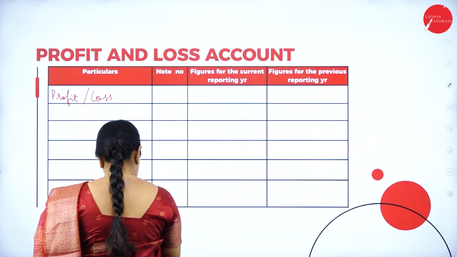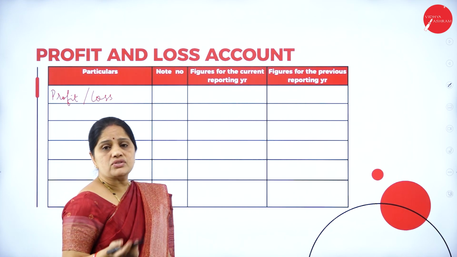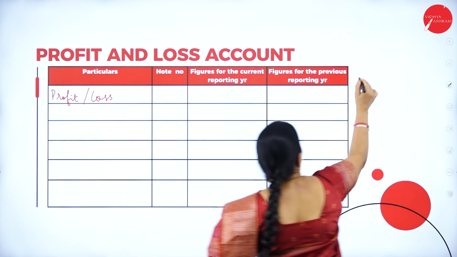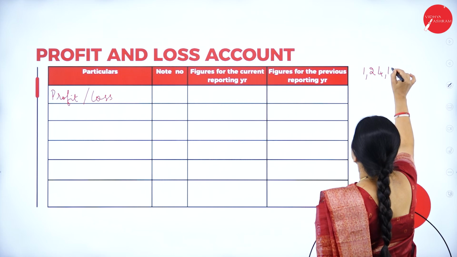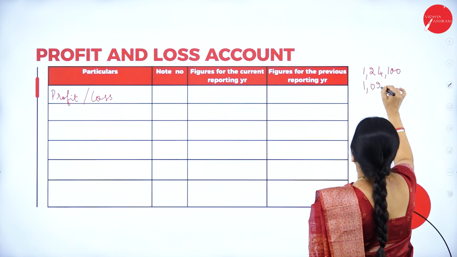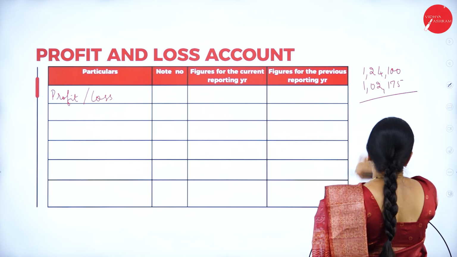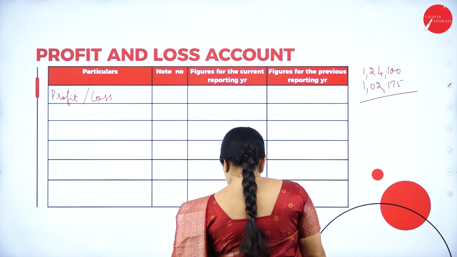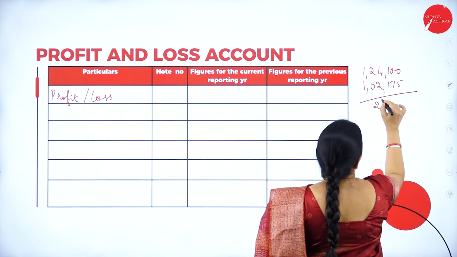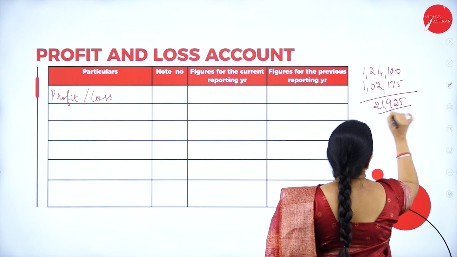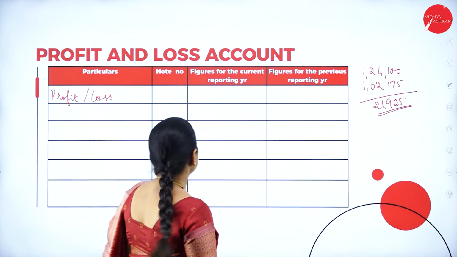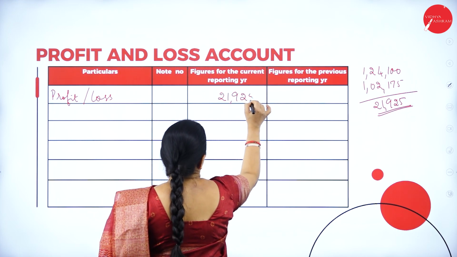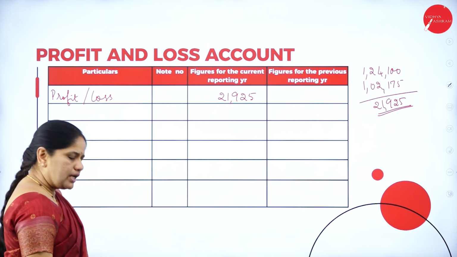So when I deduct from 1,24,100, the revenue, 1,02,175, what is the amount I will get? I will get the profit as 21,925 rupees. So this is the profit or loss.